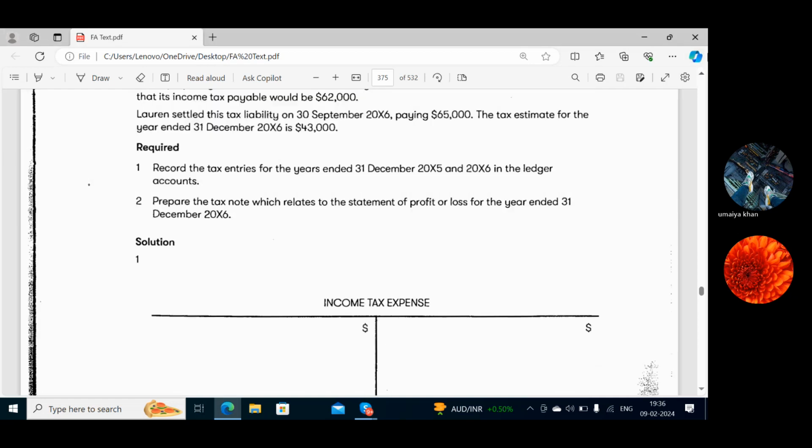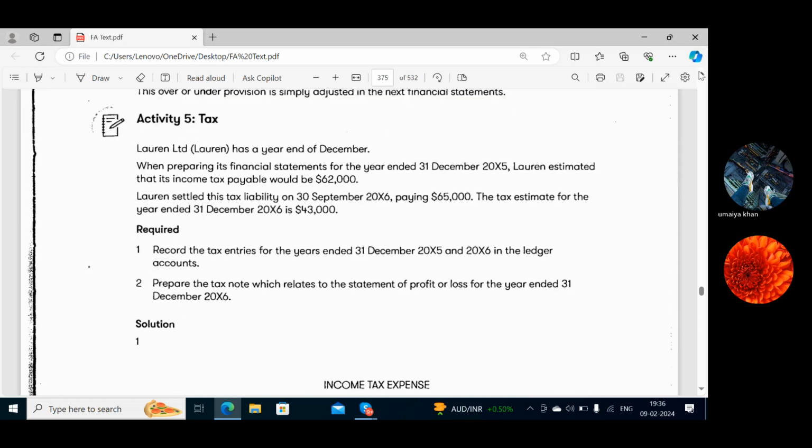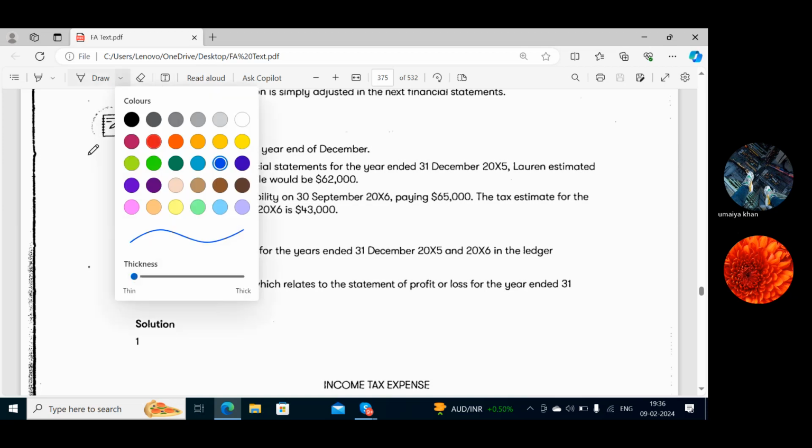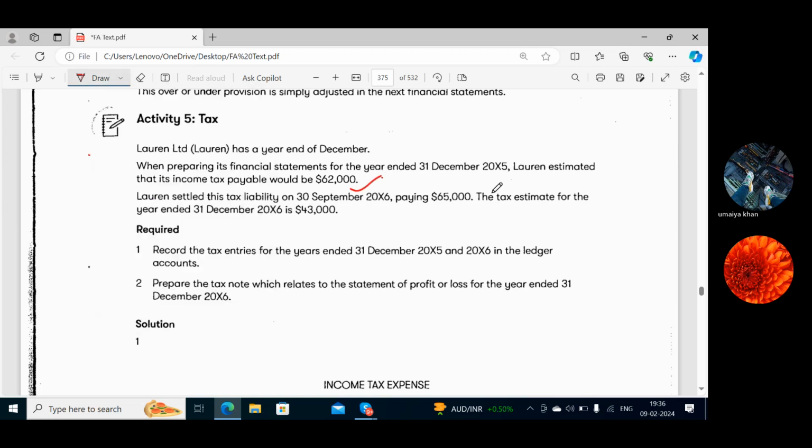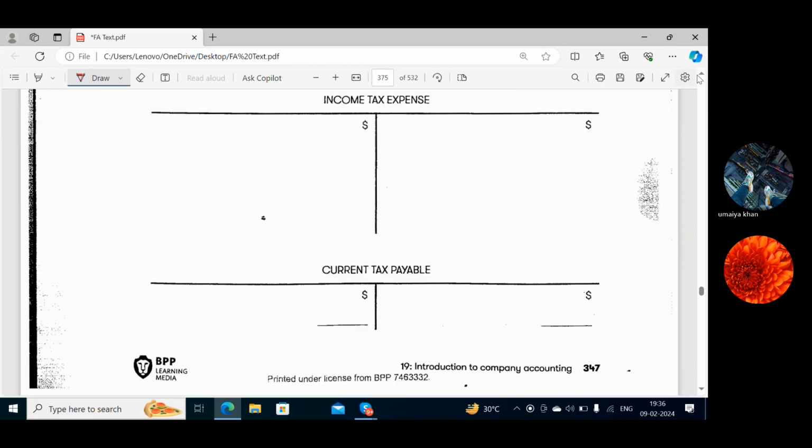First and foremost, we have to pass a clear journal entry for this. Okay. So the journal entry is 62,000 is for the year 2005. The entry would be income tax expense to current tax payable. So in income tax expense, we'll be writing to tax payable.